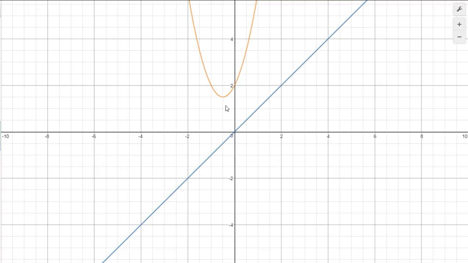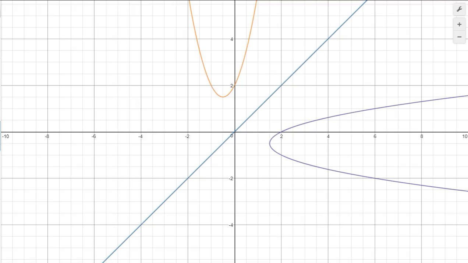Now, when I say reflected around this axis, it means if you can imagine folding this graph along this line, then the inverse is going to be the exact same as this function, just reflected around this line. And I'll make that visible here, and you'll see that inverse. So this is the inverse of our original function.